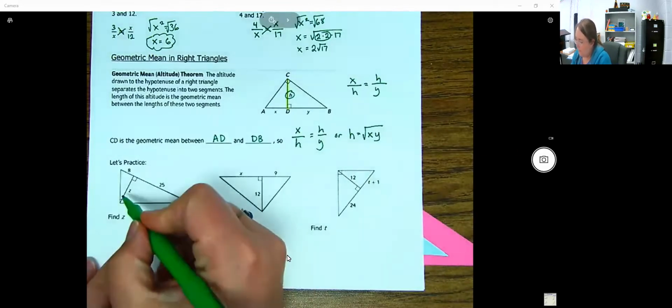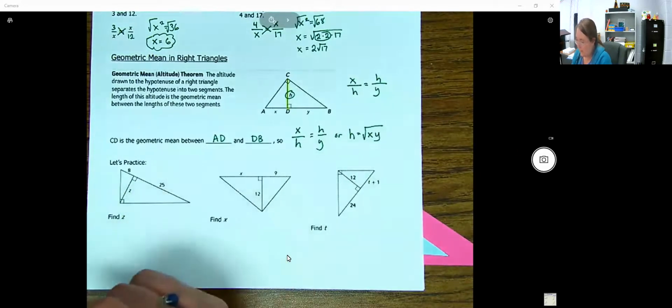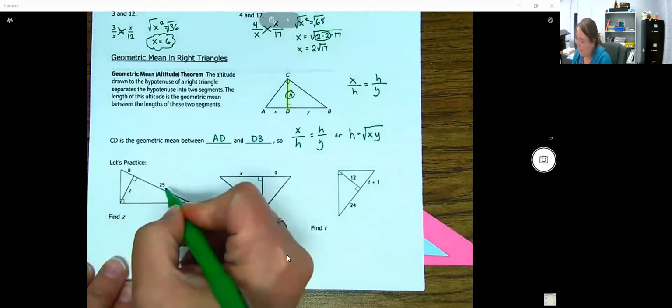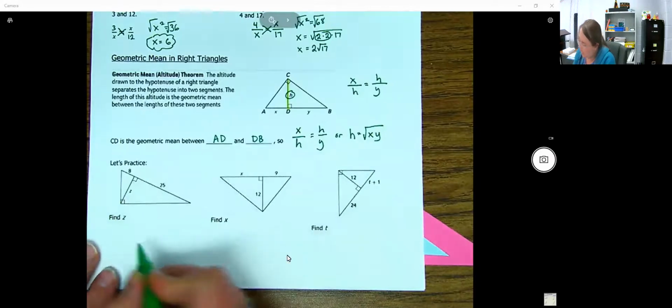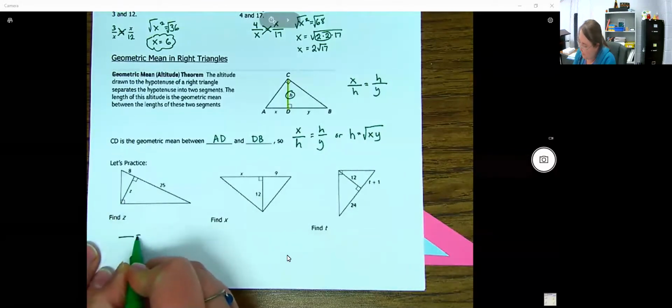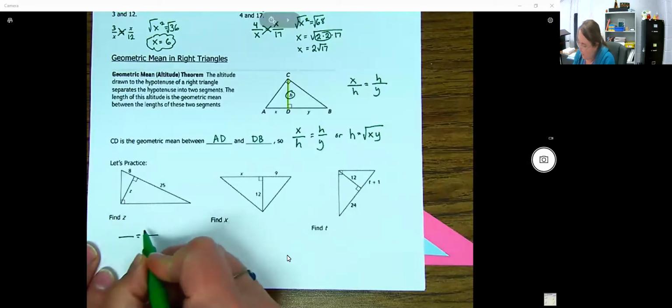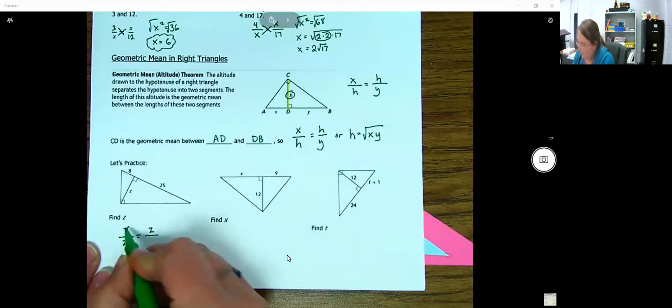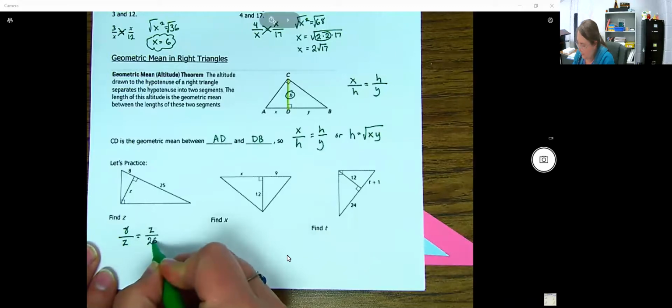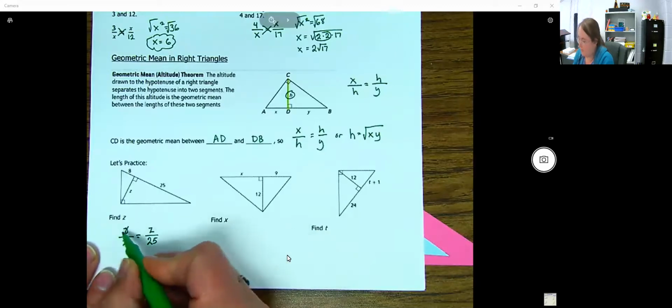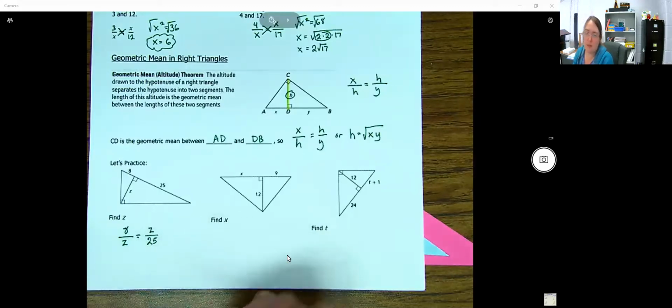Now, here z is the altitude, and the two extremes that we have are 8 and 25. So we're going to set up a proportion with z here and here. 8 is one extreme and 25 is the other extreme. And you probably noticed I put the small one here and the larger one there. That's just me. There's no rule that you have to do that.